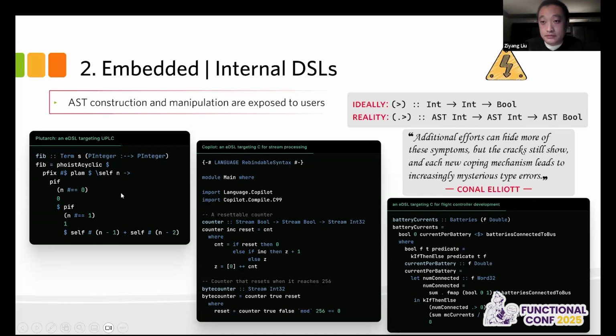To learn to write programs in a language like Plutarch, you need to learn 2 languages. You first need to know some Haskell, and then you need to learn this very special way of writing Haskell that is only applicable to Plutarch.